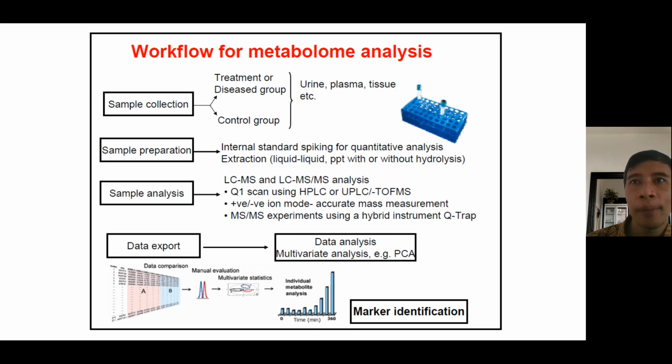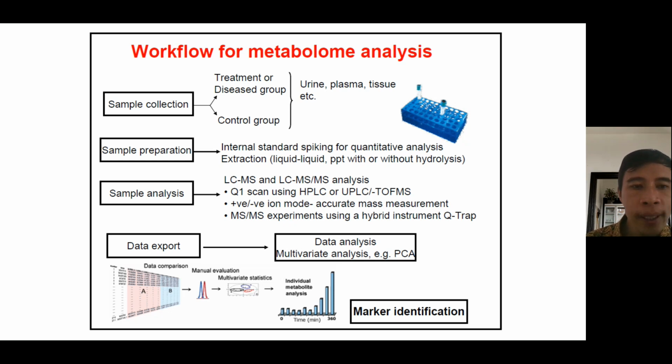For example, in a study of disease, you need to divide your samples between the disease group and control group, or treated and non-treated groups, and then you will collect samples from your animal model or from your patients, including urine, plasma, tissue, etc. After that you will prepare the samples for analysis, for separations and detections, and then you will deploy the measurement of those samples, and the data obtained should be analyzed using any kind of analysis, including multivariate analysis.